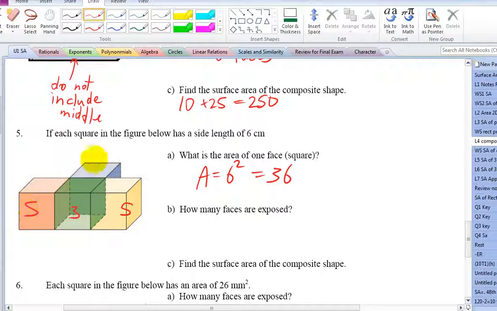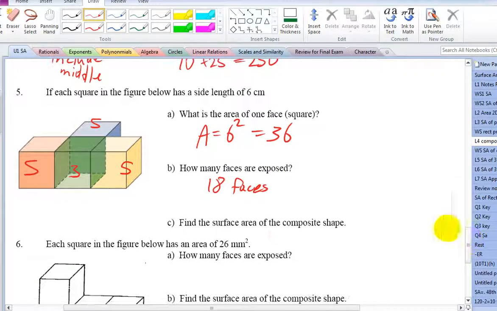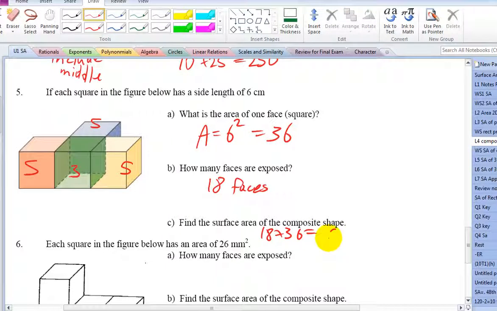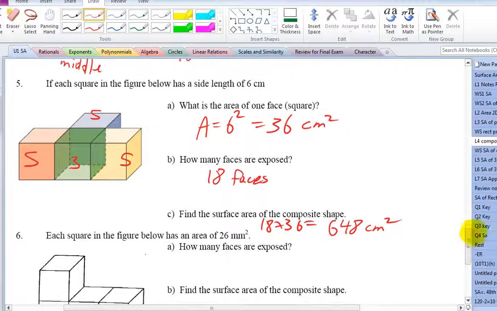Here we have 5. Here we have 5. Altogether 18 faces. So the composite area would be 18 times 36. 648 centimeters squared. Okay. Any questions?